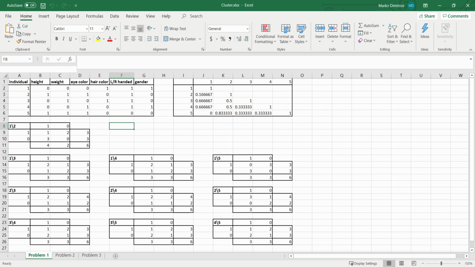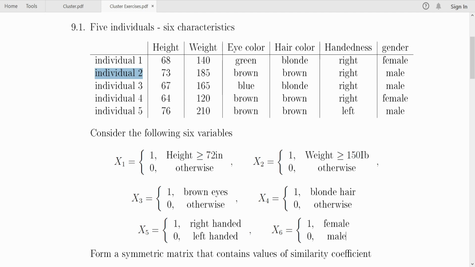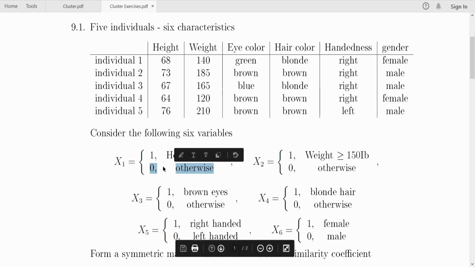So, for example, for height, we see that individual 1, their height is 68. Then we go to the binary variable and see that 68 is smaller than 72. So let's go for a second to the PDF. So we can see that 68 is smaller than 72. So it is this otherwise part. So we will give him 0 there.